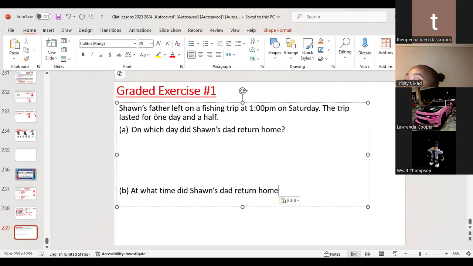So let's say that Rashad's father left on a fishing trip at 1 p.m. on Tuesday. The trip lasted for 1 day and a half. On which day did Rashad's dad return home?